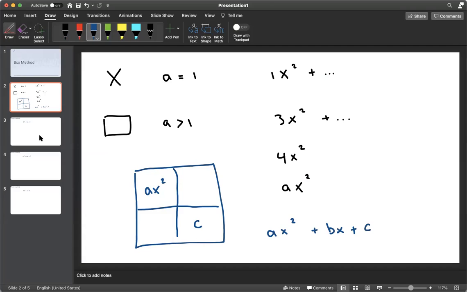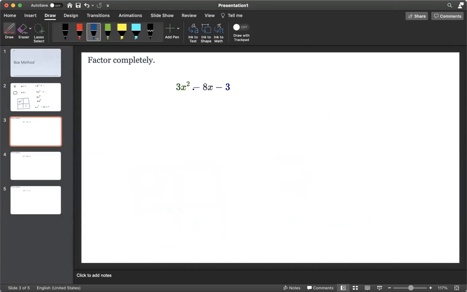So now let's look at an example. We see we have 3x squared. That means my a is greater than 1, so we're going to use the box method. Let's draw our box.